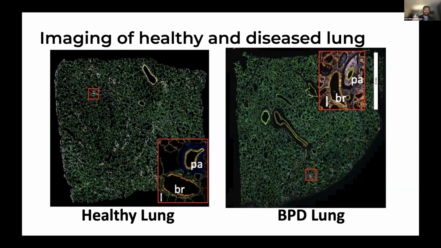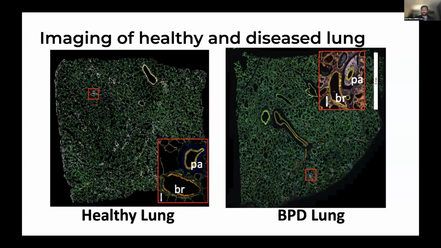This is the same H&E that I showed a second ago, now looking at multiplex immunofluorescence. In the healthy lung, you have a pulmonary artery and a bronchus with a nice structure, not a lot of cells within them, and a nice alveolar region. In comparison, in the BPD lung you're seeing thickening around the pulmonary artery and thickening of the extracellular matrix around the bronchus.